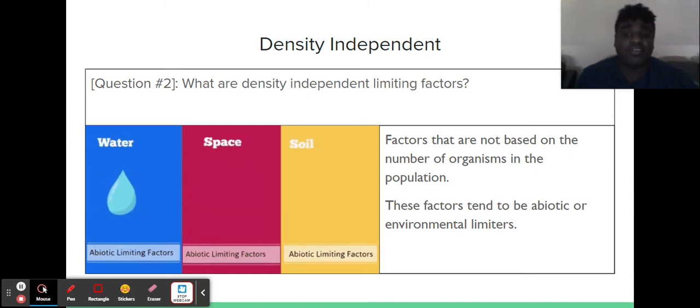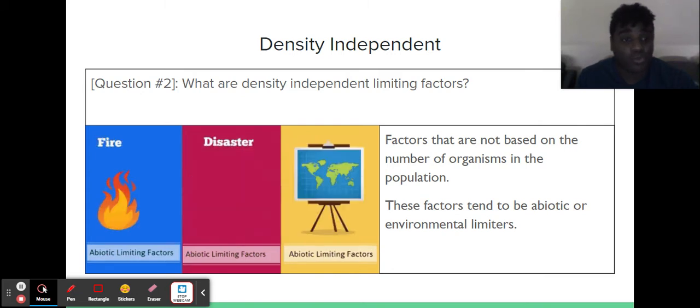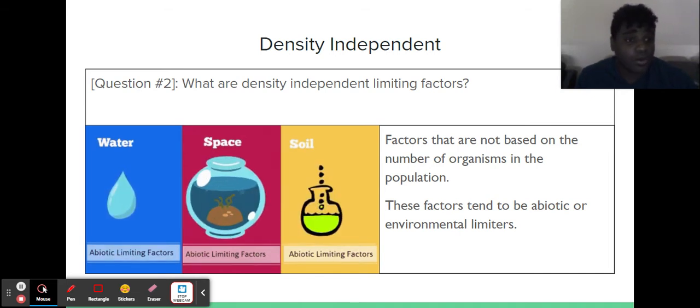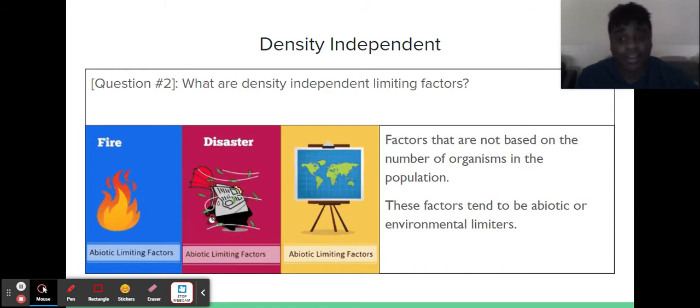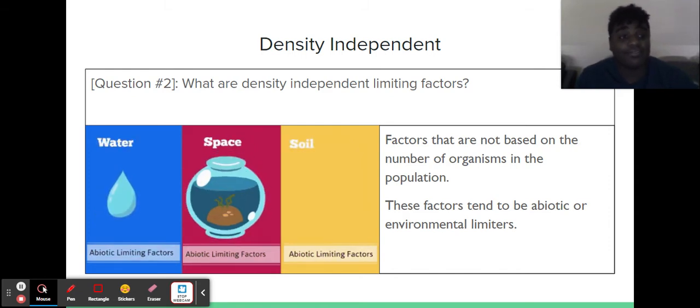And these could be stuff like the amount of space available, the conditions of the soil for plants, not really for animals, but the amount of water, the conditions of the water. Is the water sanitary? Natural disasters like hurricanes or floods, those things can kill off a lot of organisms.